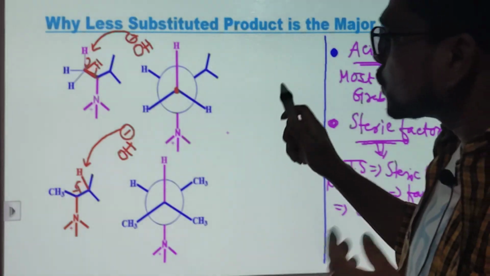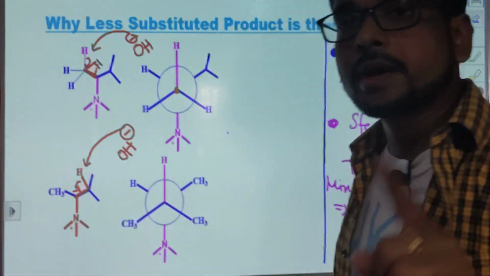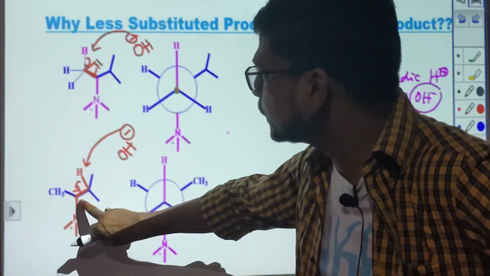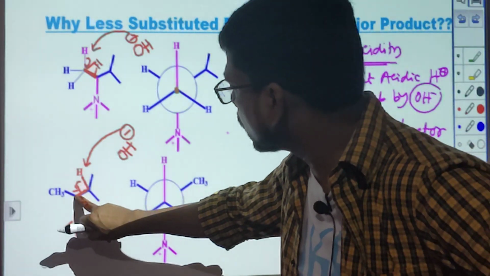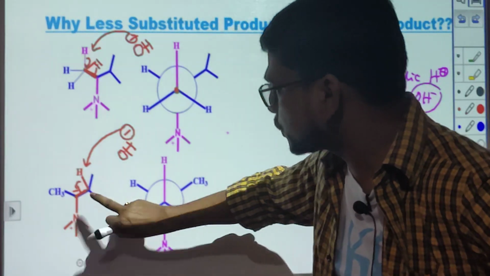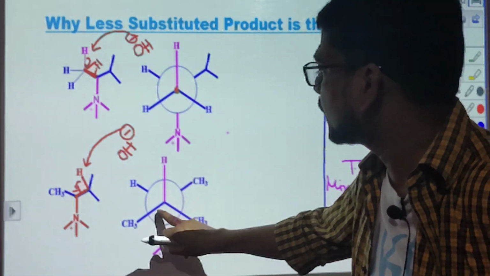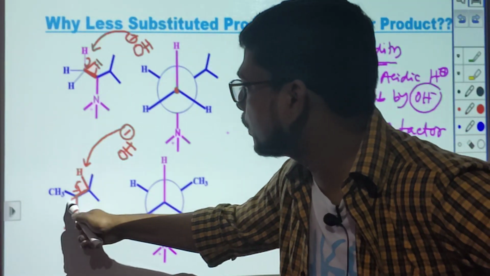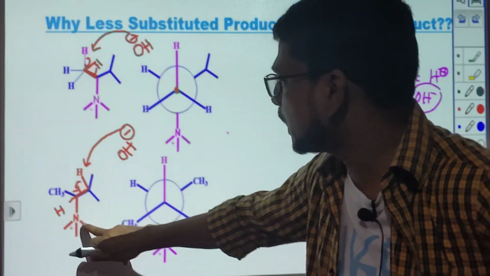In this case, we need to draw the Newman projection formula. Pay attention to this carbon. How many different groups are there? Say this is my front carbon: H, Me. This is the back carbon: Me, and one more H. So Me, H, and NMe3 plus.